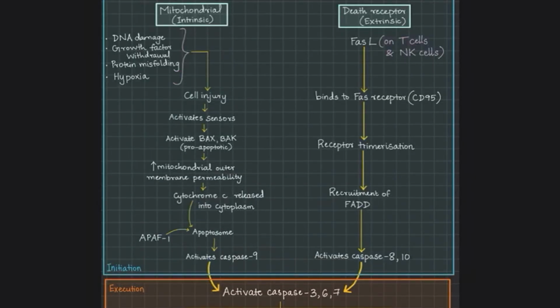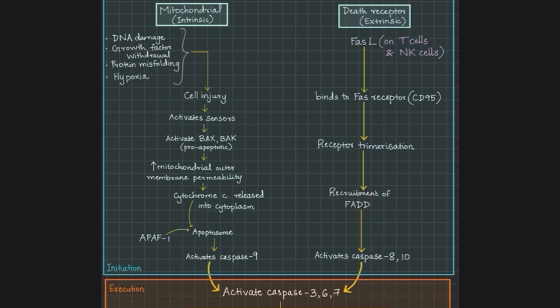The extrinsic pathway involves ligand-receptor interactions. An example of one such ligand is the Fas ligand, which is present on T lymphocytes and natural killer cells. The corresponding receptor is Fas receptor or CD95. When Fas ligand binds to Fas receptor, the receptor will undergo trimerization, and this will activate an adapter protein called Fas-associated death domain.